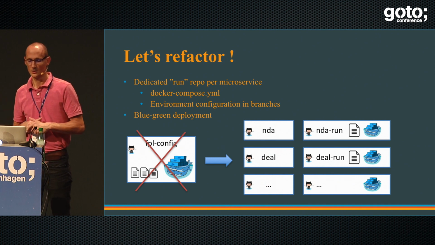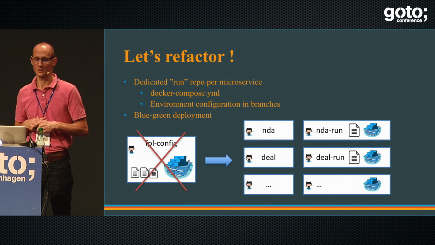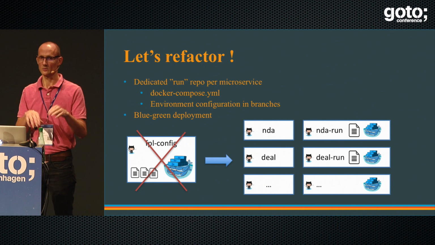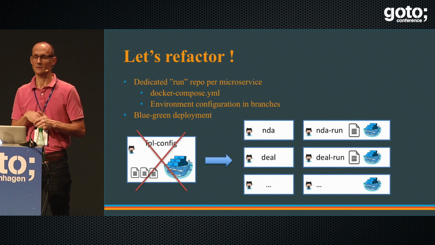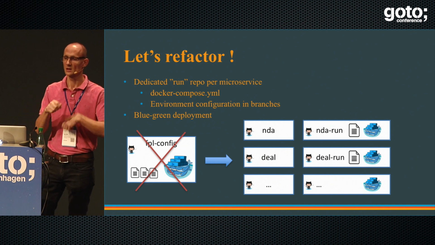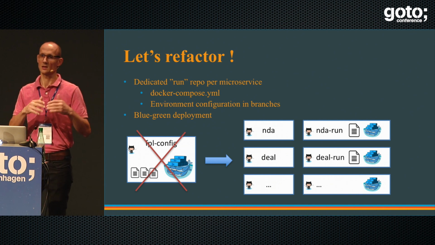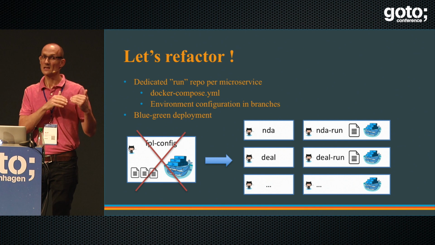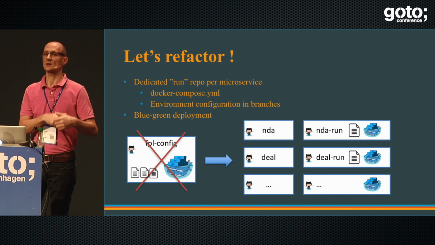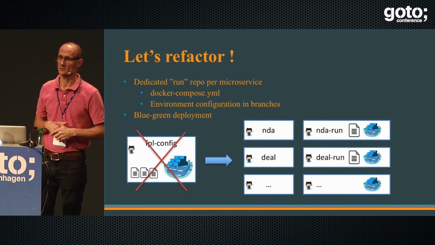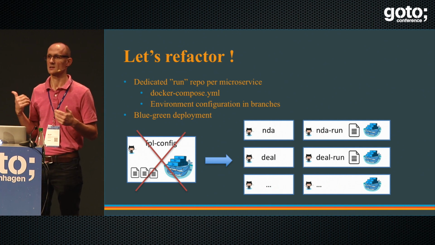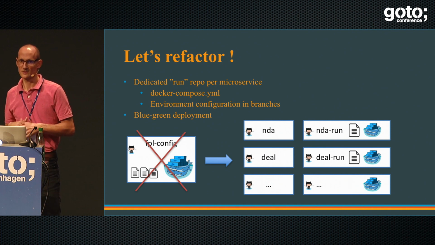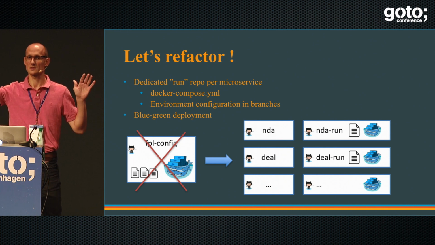So when we want to change the environment configuration for, I don't know, integration, we just check out the NDA run repository, and we check out the integration branch, make some modification, commit, push, and the CI/CD just redeploys everything, shuts down the NDA integration stack, and restarts it with the correct configuration. So once you have the tools, as Lee said, it's very easy. You don't have to do anything. Just don't do it by hand for like 30 microservices because you will die.